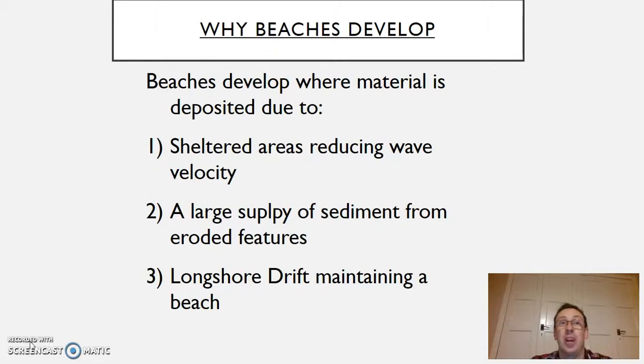If you've got an area where a huge amount of cliffs are collapsing, you can also get beaches developing there just by the sheer volume of material added into the system. The sea doesn't have the energy or the speed to get rid of it in time. And the last one is longshore drift, a process we're going to talk about in a moment. It can provide material, which means beaches will build up.